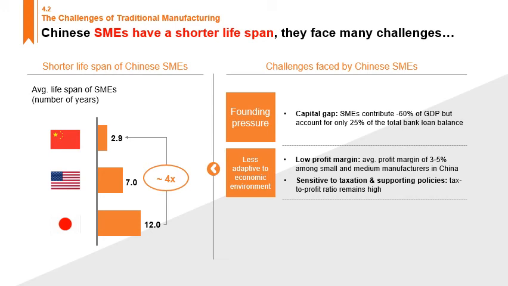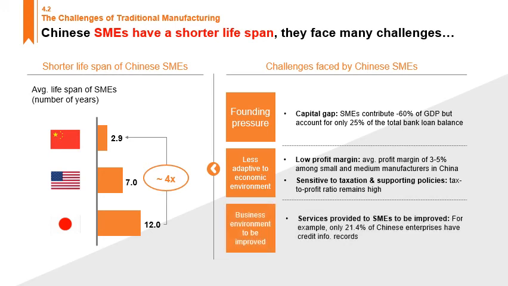And they are sensitive to taxation and supporting policies, which means tax to profit ratio remains high. Finally, their business environments need to be improved. Services provided to SMEs must be improved. For example, only 21.4% of Chinese enterprises have credit info records.